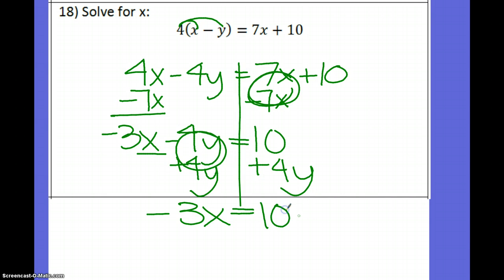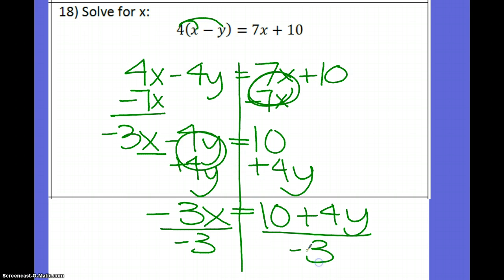You must leave them separate. 10 plus 4y. You just write it out next to each other. And the last thing, get rid of negative 3. We divide it out on both sides. Here's 1. So we have x is equal to 10 plus 4y over negative 3.